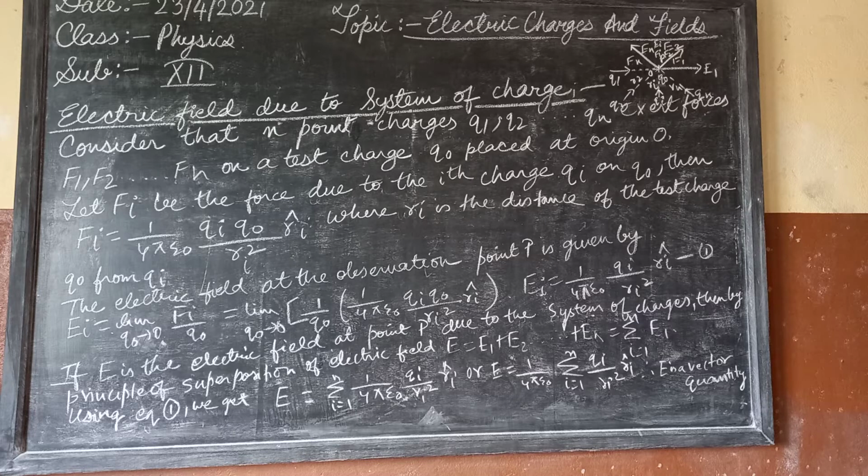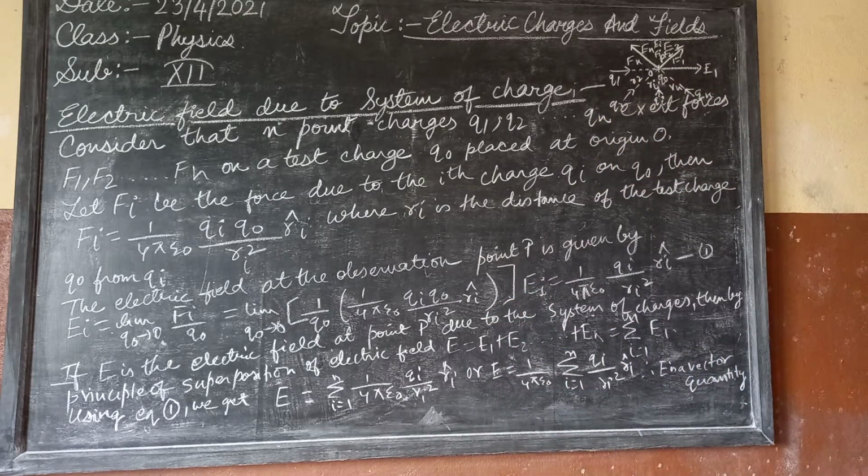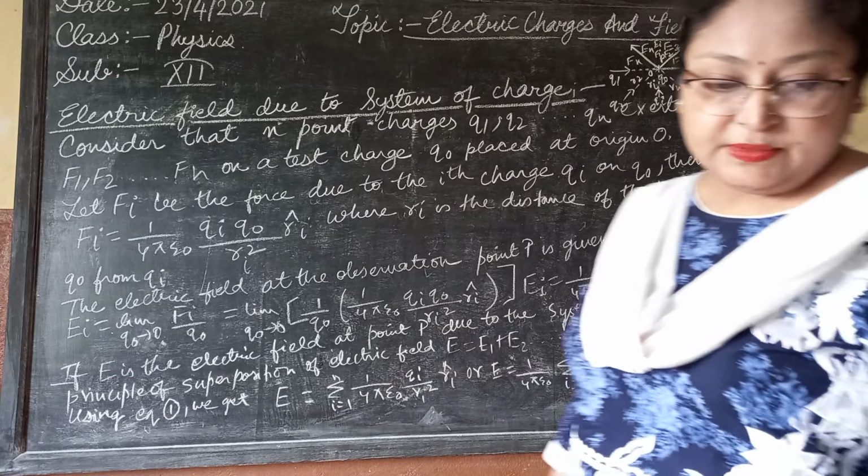Taking 1 upon Q0 common, this value will be given by 1 upon 4 pi epsilon 0 Qi Q0 by Ri square into Ri cap. So Ei equals 1 upon 4 pi epsilon 0 Qi upon Ri square into Ri cap.